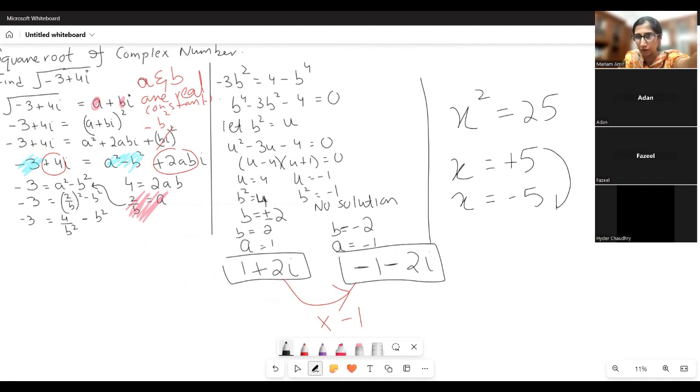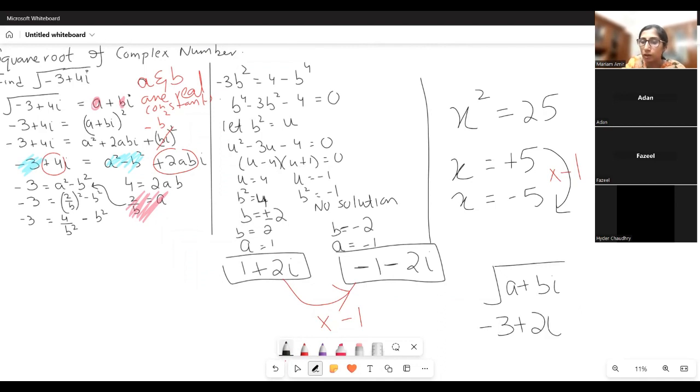So if you have one of the answers, you multiply it with minus 1, you get the other answer. So that's the same logic. If you find the square root of a complex number a plus bi, and one of your answers is minus 3 plus 2 iota, then you must know that the other answer would be this times minus 1, and that would be 3 minus 2 iota.